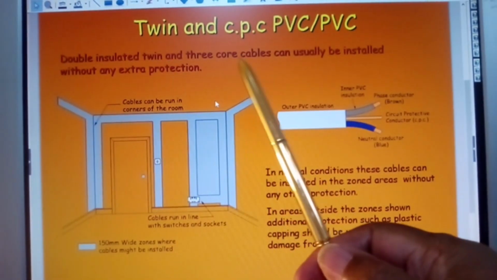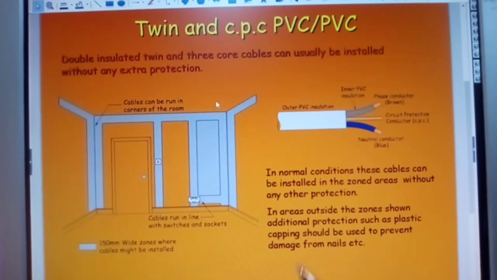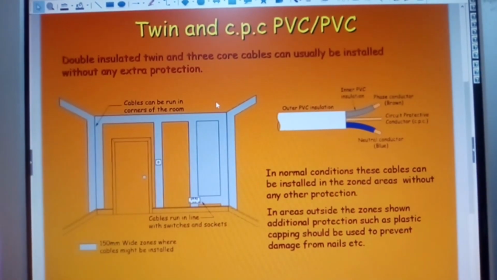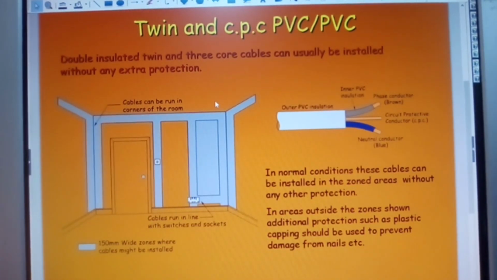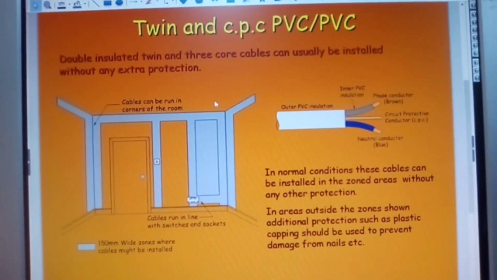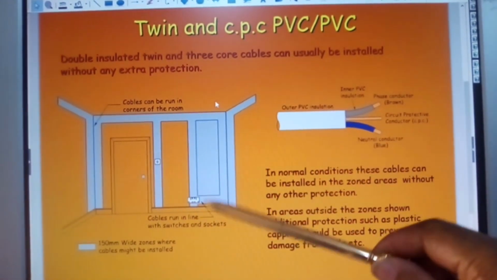Double-threaded twin and 3-core cables can usually be installed without any extra protection. These are the zones where you can just run your cables to your given points.